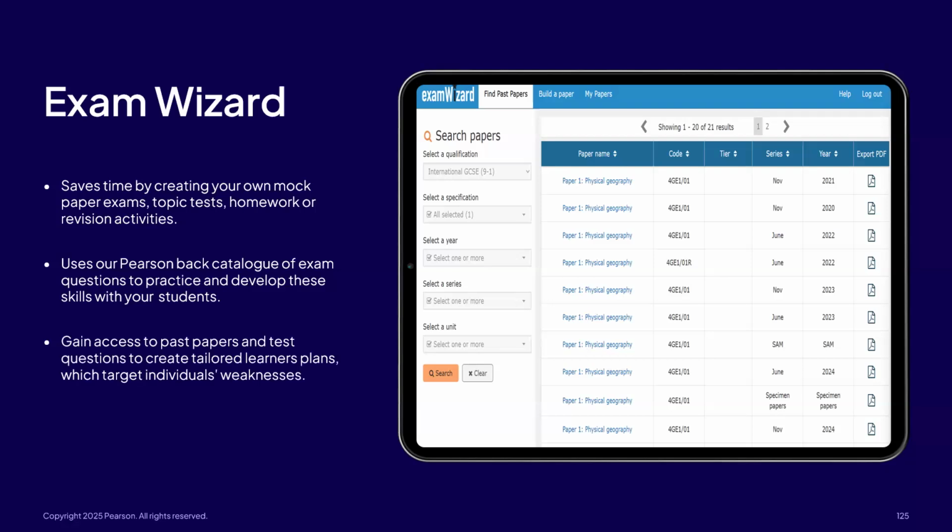And you can gain access to the past papers and test questions to create tailor-made questions, learners' plans which target individual weaknesses. So if you spot the weaknesses for your student in a particular topic, then you can select questions by topic. Okay. And it works in conjunction with Results Plus to help you create exam practice and resources for the whole cohorts and individual students.